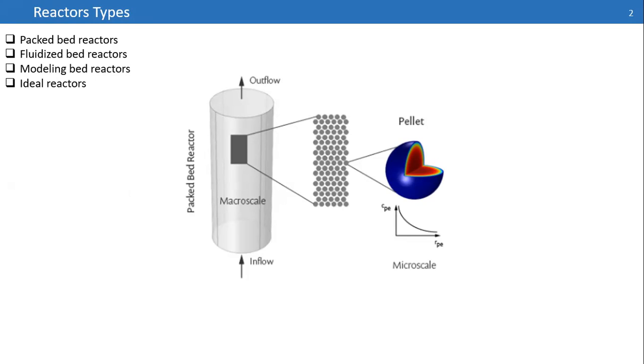So if your reaction order is positive, more than 0, it's better to use PFR reactors, since you can keep the concentration of your reactant at the inlet as high as you can, and it's very helpful to reach higher conversion.